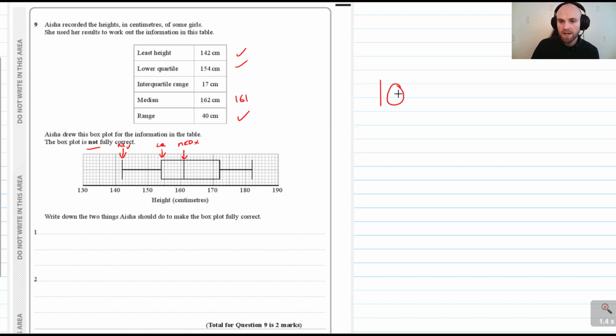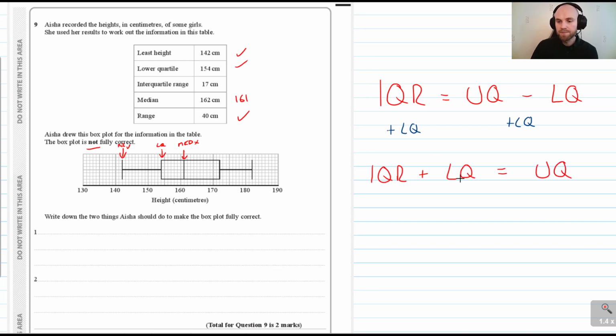So we do have this formula of the interquartile range equals the upper quartile minus the lower quartile. So if I want to get the upper quartile on its own, I'm going to add the lower quartile to both sides. And that is going to give us the interquartile range plus the lower quartile equals the upper quartile. So the interquartile range here is 17. The lower quartile is 154.